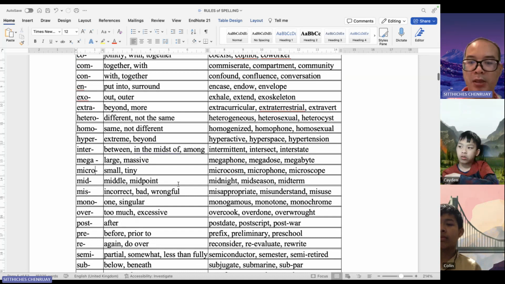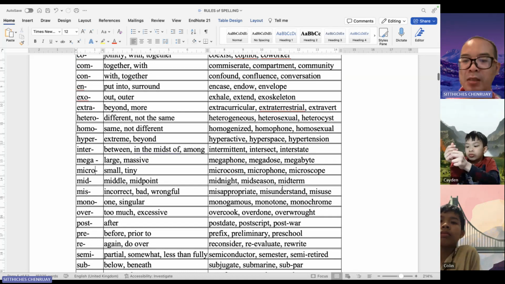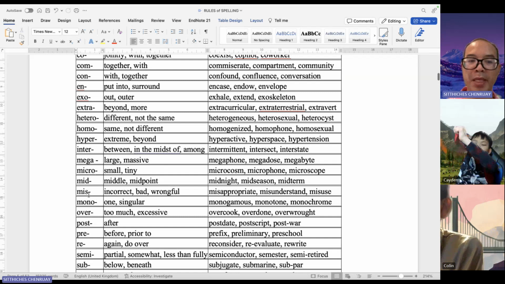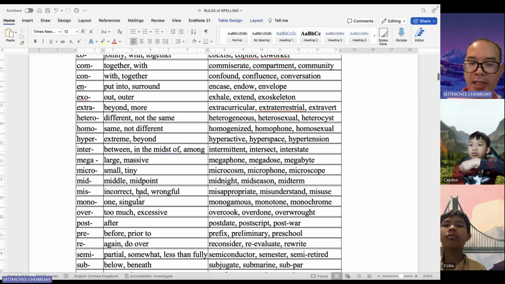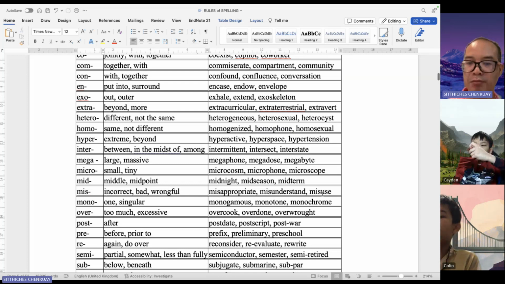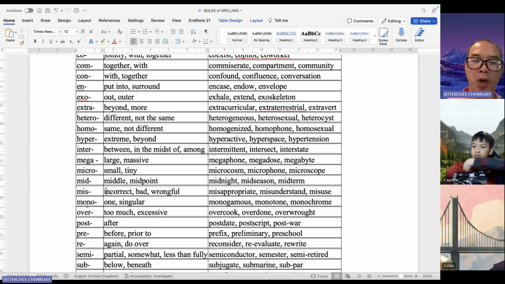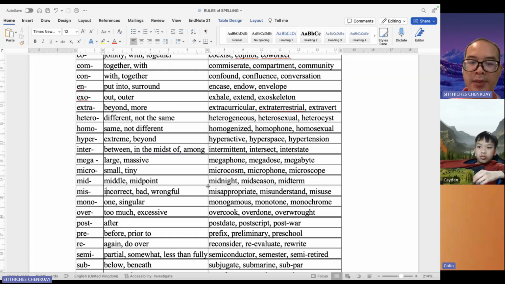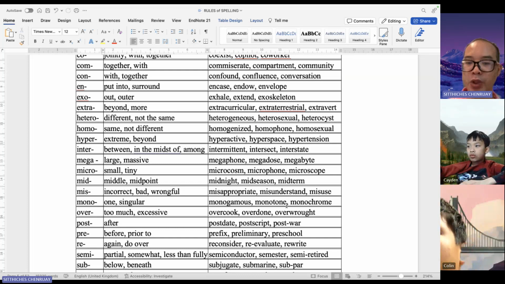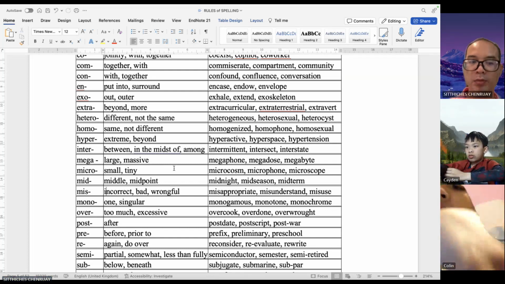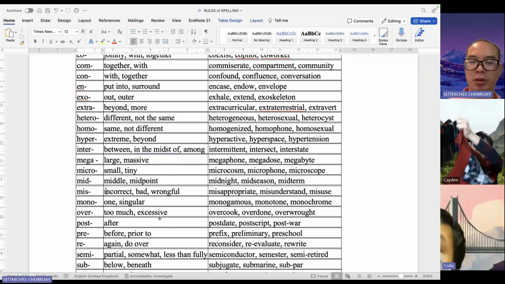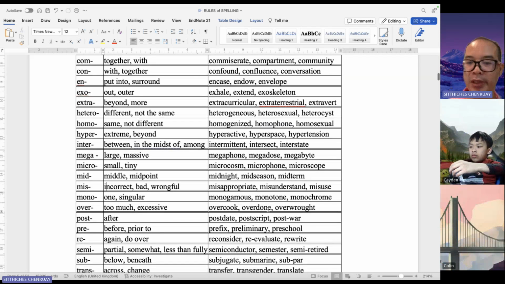Mid, middle: midpoint, midnight, mid-season, midterm. Mis means incorrect, bad, wrongful: misappropriate, misunderstand, misuse. Mono means one or singular: monogamous, monotone, monochrome.